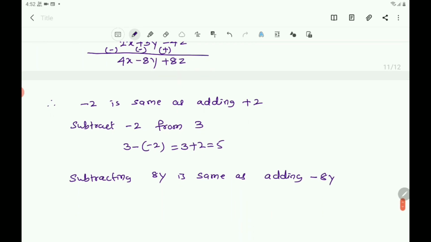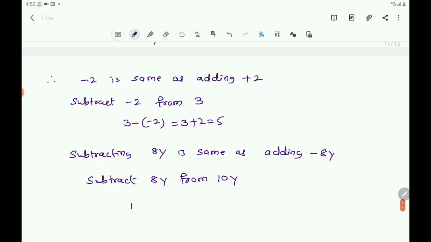So you take one example here: subtracting 8y is the same as adding minus 8y. You take 10y. If there is a question, subtract 8y from 10y, it means you are writing 10y minus 8y.